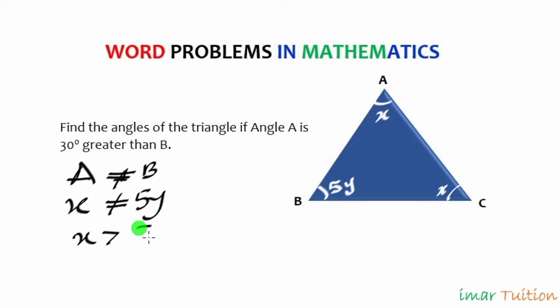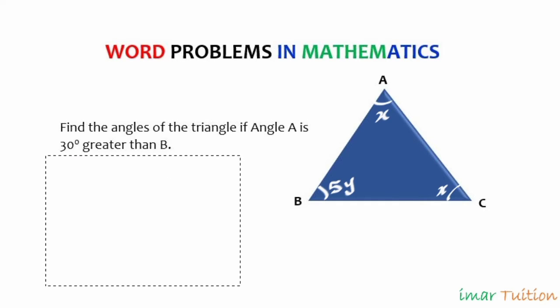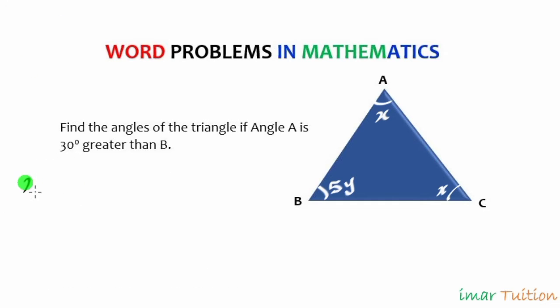X is greater than 5y. The value of x is 30 degrees greater than 5y, so x is equal to 30 degrees plus 5y.